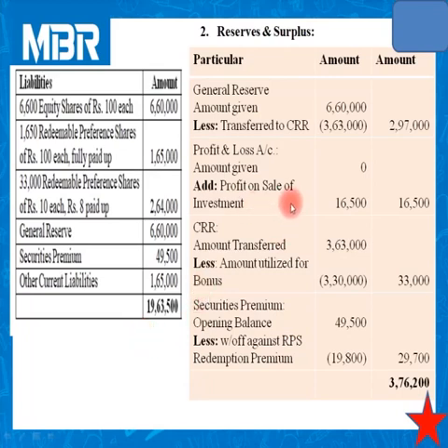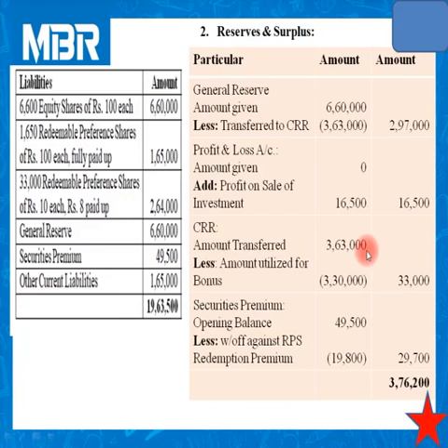But at the time of selling of our investment, in the very first entry of our solution, we have earned a profit of rupees 16,500. So 0 balance in opening plus a profit received 16,500. So balance of profit and loss account is 16,500.